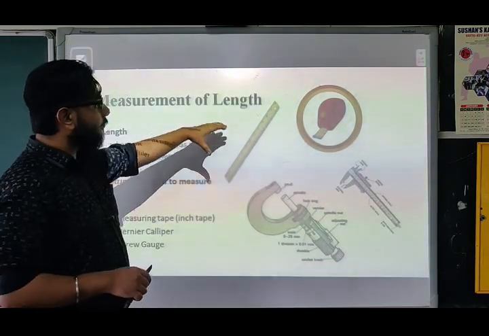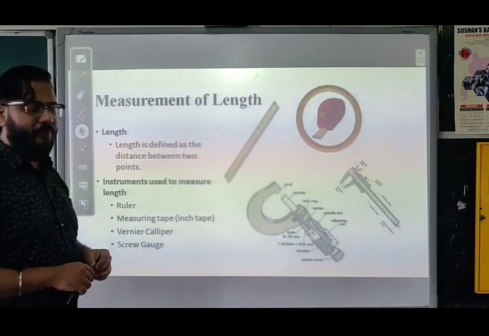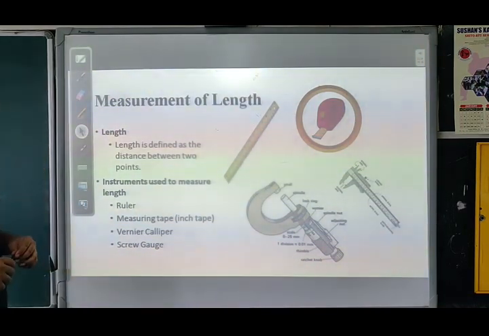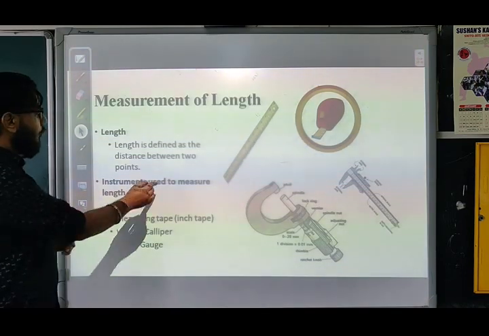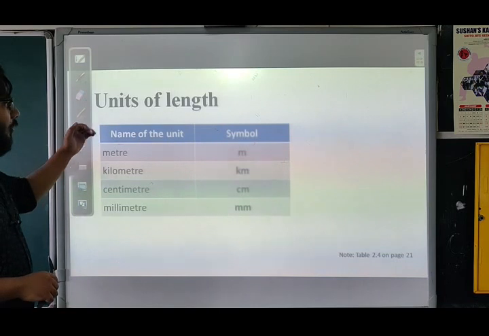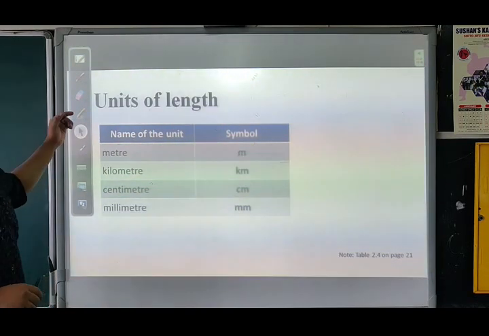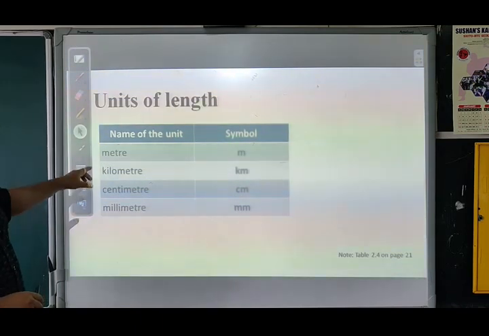But rulers and inch tape, we have seen and used them, and we use a ruler every day. So the length is defined as the distance between 2 points, which I've already discussed. Now let's move on to the units of length. Units of length are meter, that's your SI unit, kilometer, centimeter and millimeter.